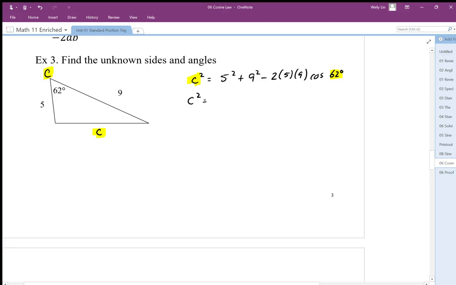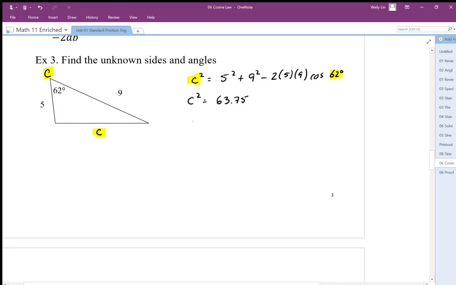let's just work that all out. Kind of do this in one calculation maybe. I'm getting C squared as 63.75, and then square root that.